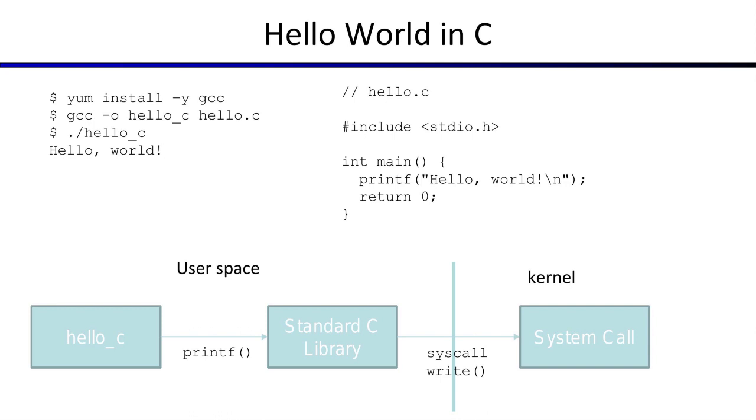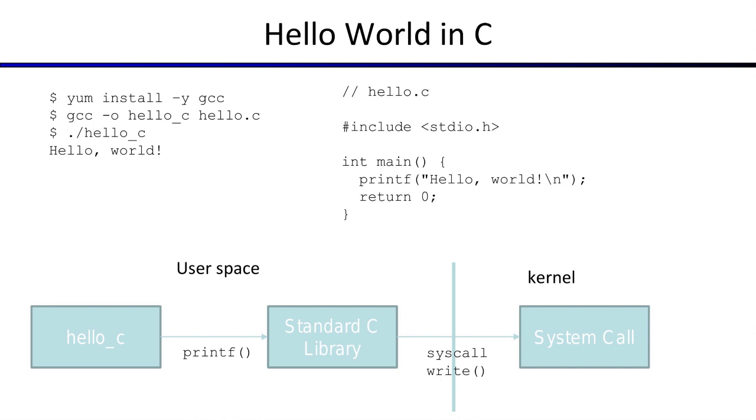And here is the program. Hello_C is the executable. It has a main function, and that's standard in C. You need a main function. In the main function, we can see on the right side, we are making a printf call with hello world. And then after that, we do a return 0.